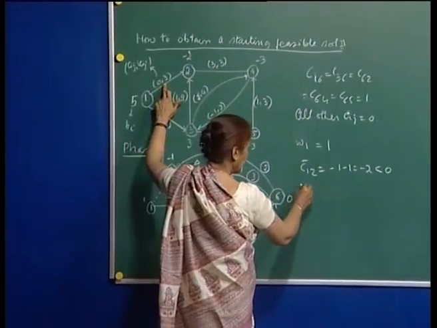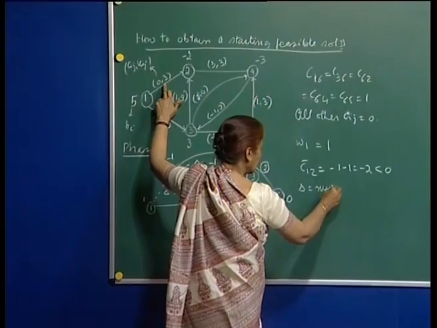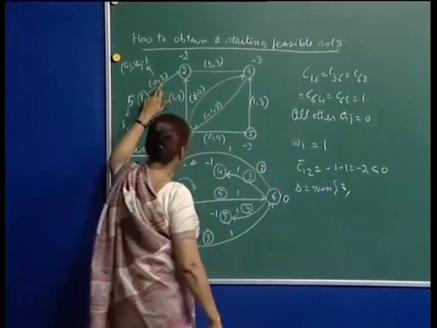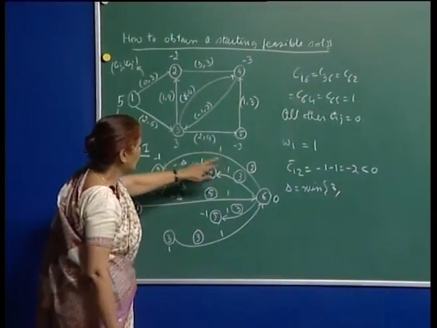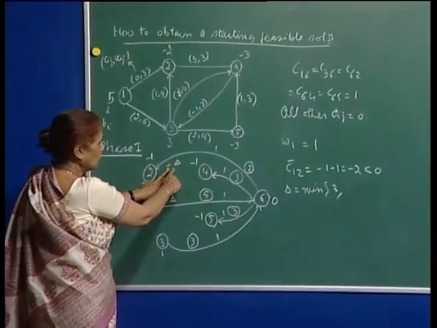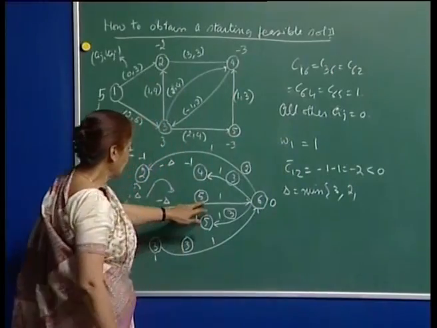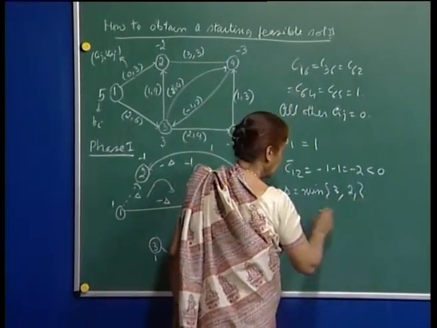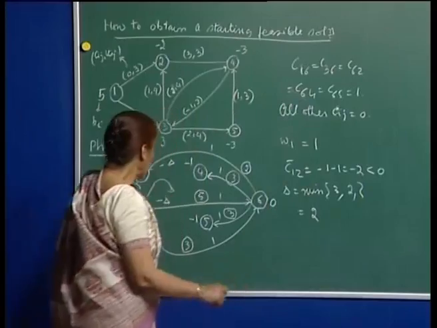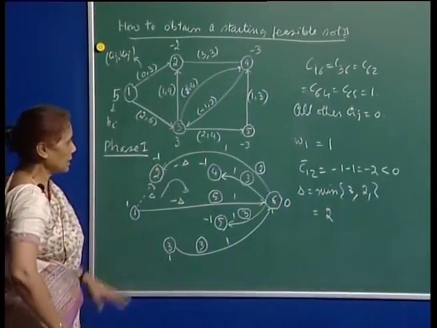Then the flow on this arc is 2, so you cannot reduce the flow by more than 2. Therefore delta will be 2, and here of course the flow is 5, so that is fine. So the incoming arc 1, 2 comes in at a level of 2.